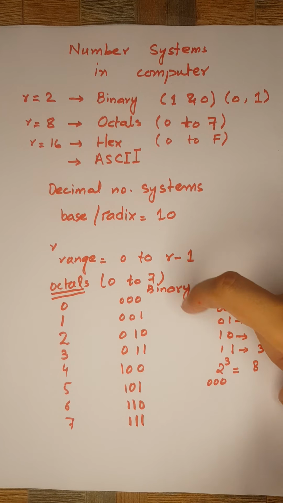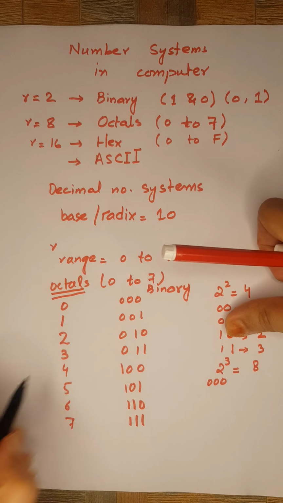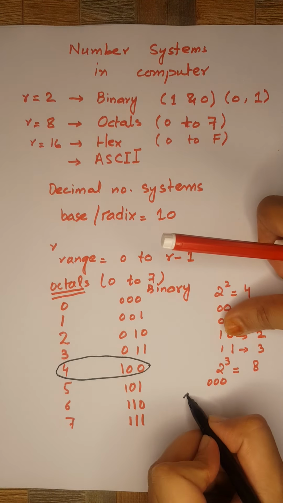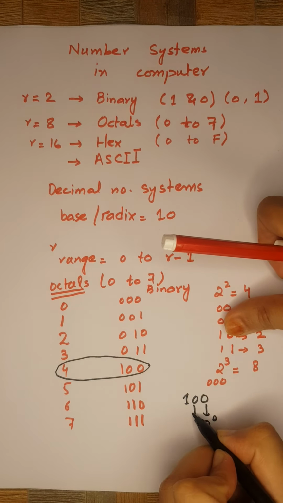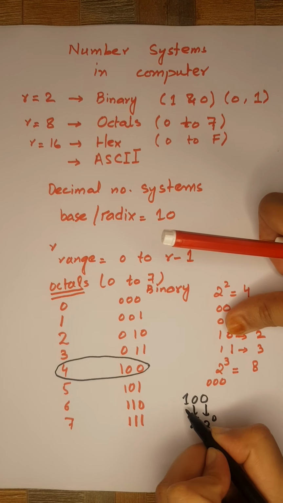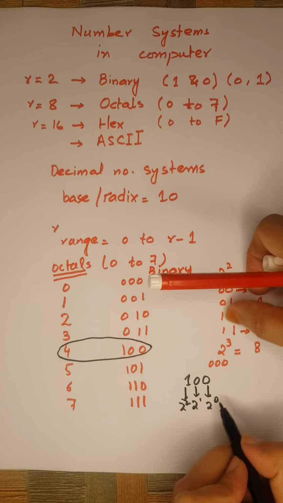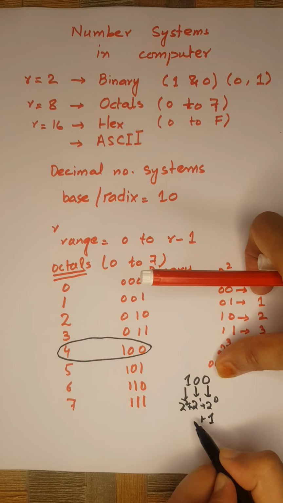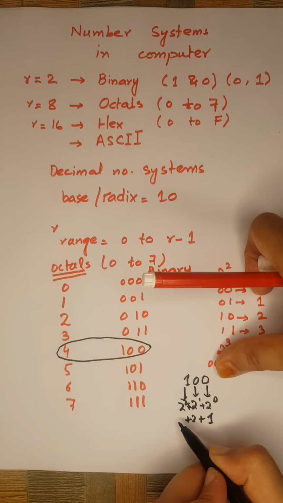Let's select one of the combinations and see how these bits are represented as a weighted sum. Let's take the example of 4, that is 100. This bit has the weight of 2 raised to power 0, this has the weight of 2 raised to power 1, and this bit has the weight of 2 raised to power 2. Finally we add all these weights.